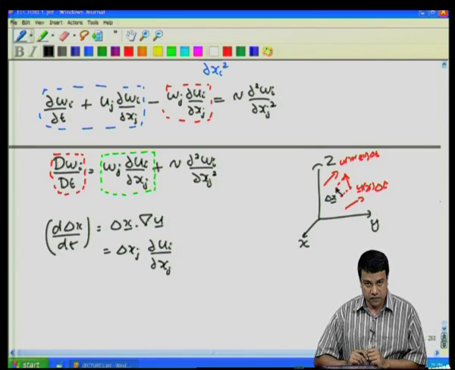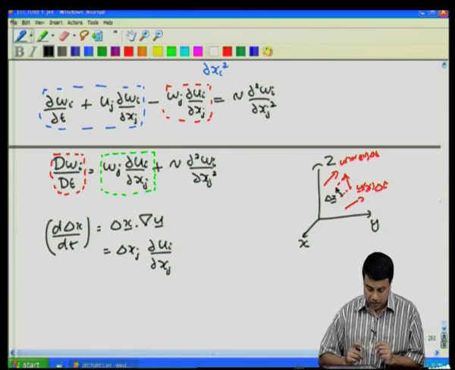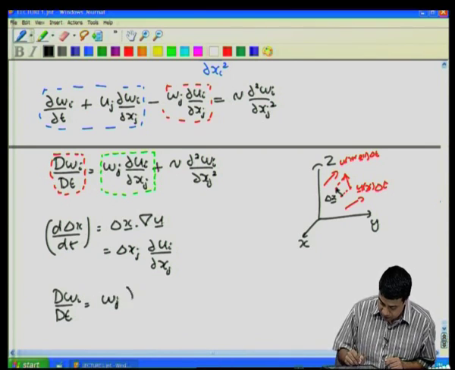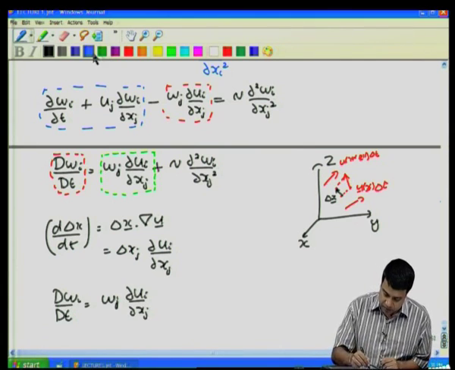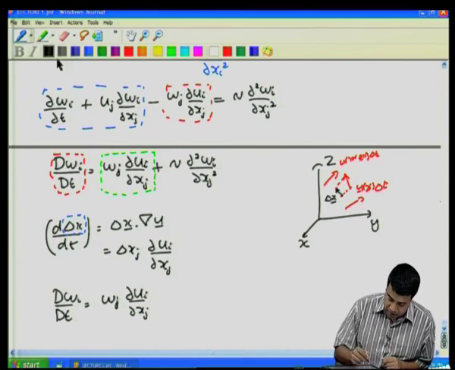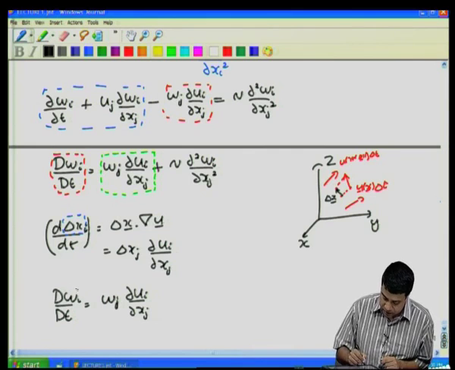The vorticity conservation equation, if I neglect diffusion, is telling me a similar thing. It is telling me that d omega i by dt is equal to omega j times partial ui by partial xj. Note the correspondence here between this delta x vector, which should be delta x i if I write in this notation, and omega i here.